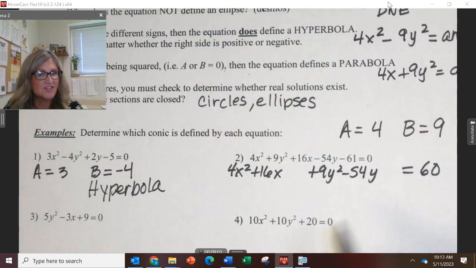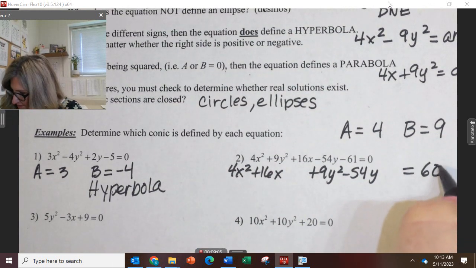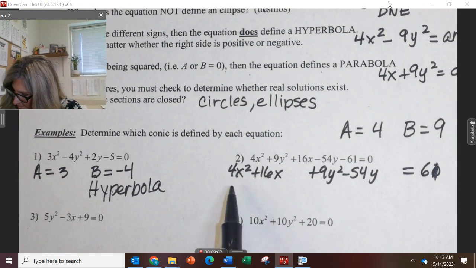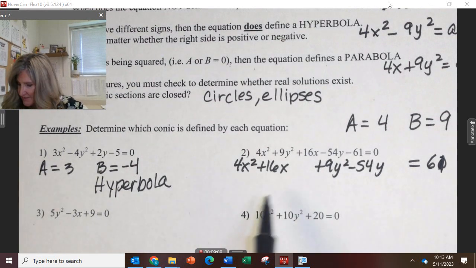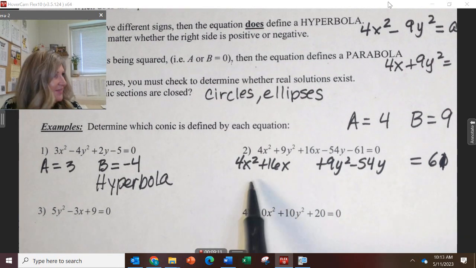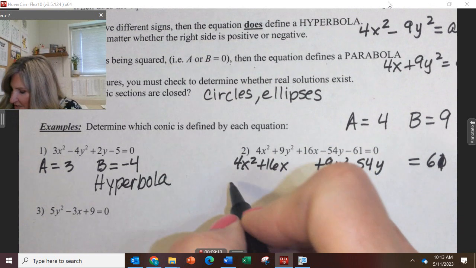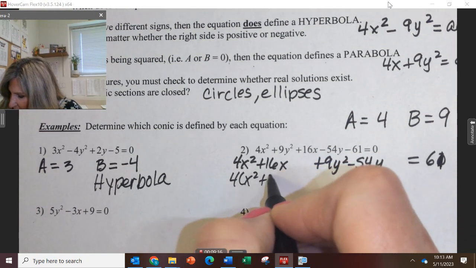All right, so I'm starting completing the square. That's 61, not 60. Does everybody understand how I got this? All right, so now I'm going to start completing the square.